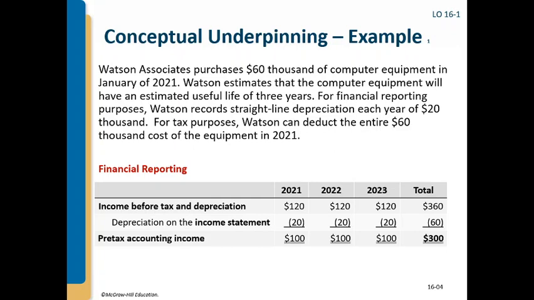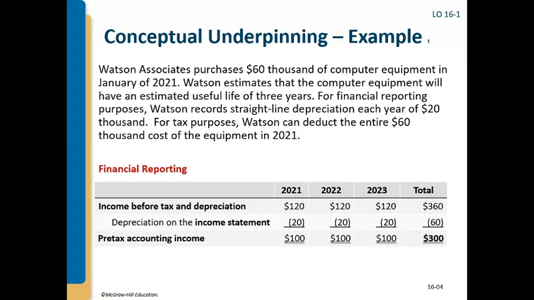All right, so to give you an example of this, here we have a company that purchases $60,000 worth of computer equipment in January of 2021. They estimate that the computer equipment will have a useful life of 3 years.